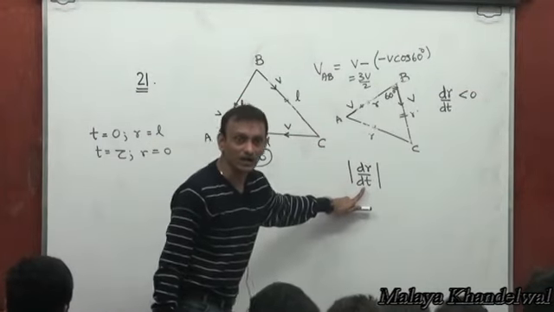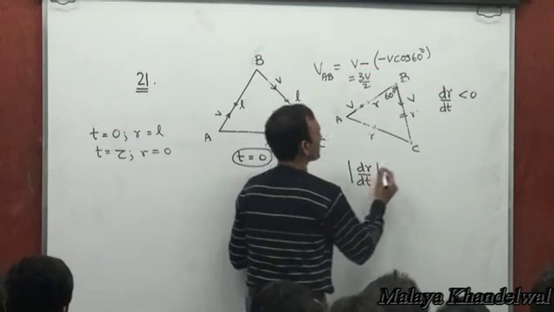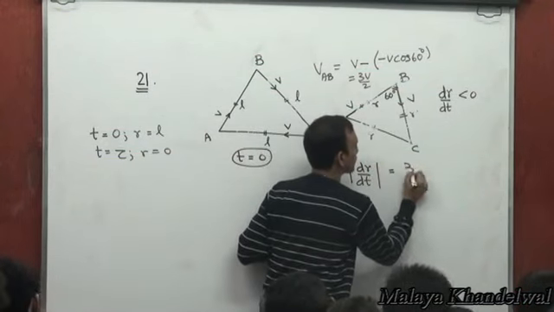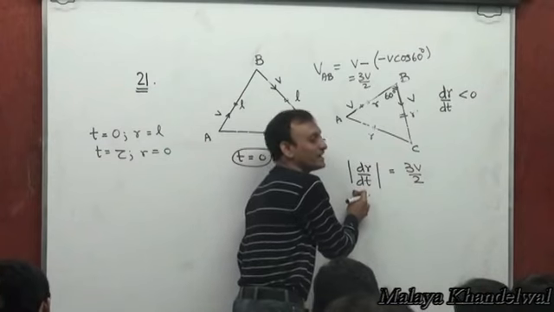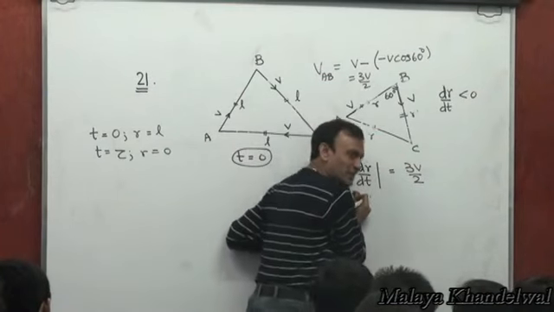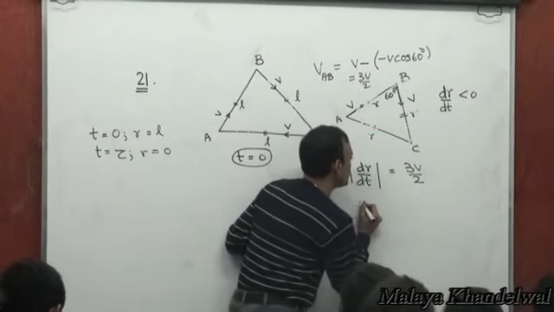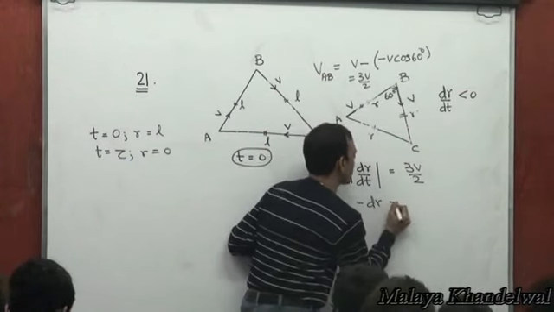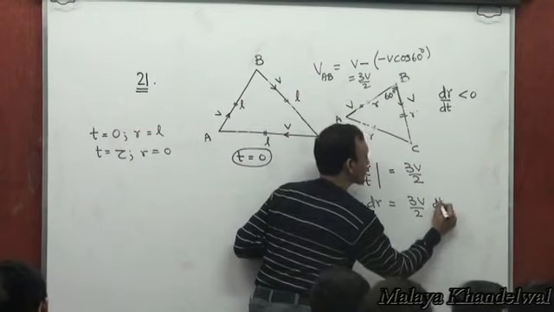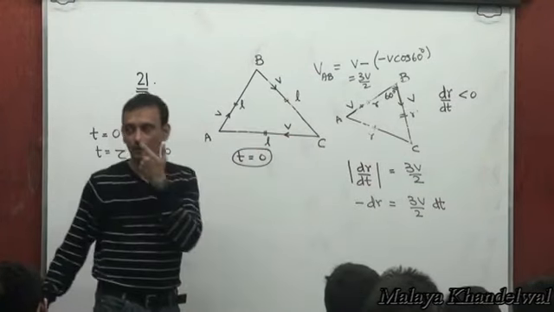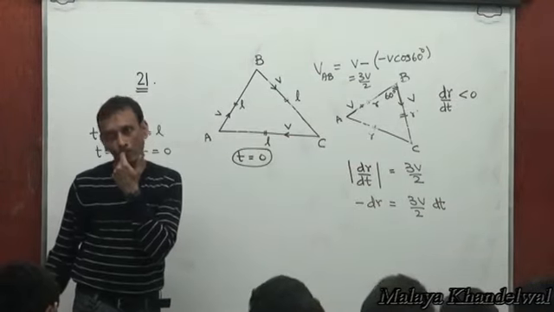That's mod dr dt, yes or no? Hey, but dr dt is negative, so mod dr dt would be minus dr dt, so minus dr is 3v by 2 dt. Yes or no?